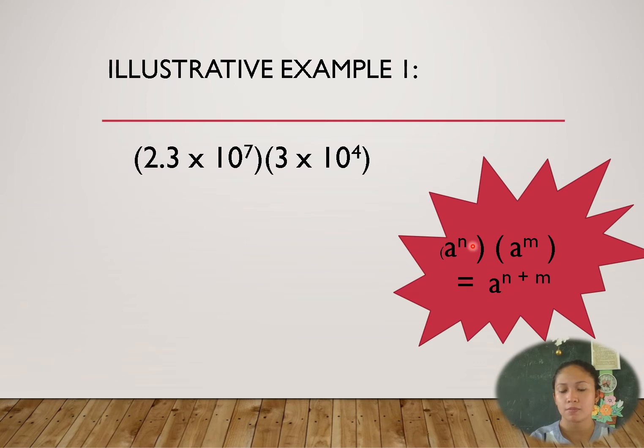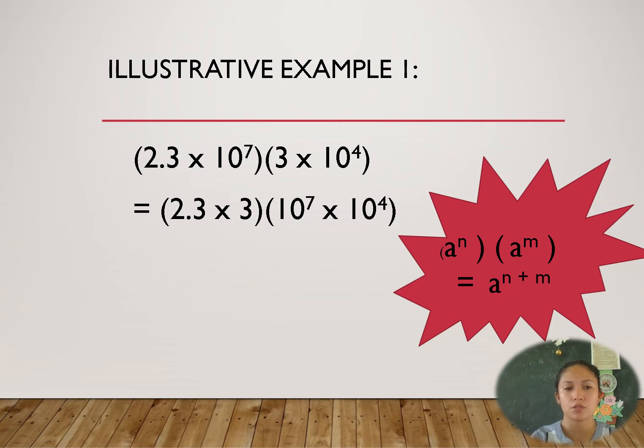Let's try it. Our first factor for the first scientific notation here is 2.3, and for the second scientific notation, our first factor is 3. So you will multiply the first factors. So we have here 2.3 times 3.